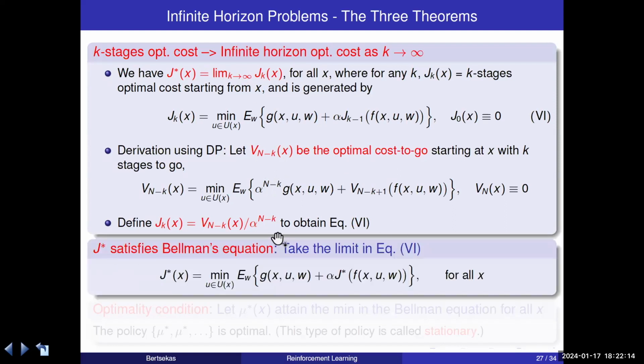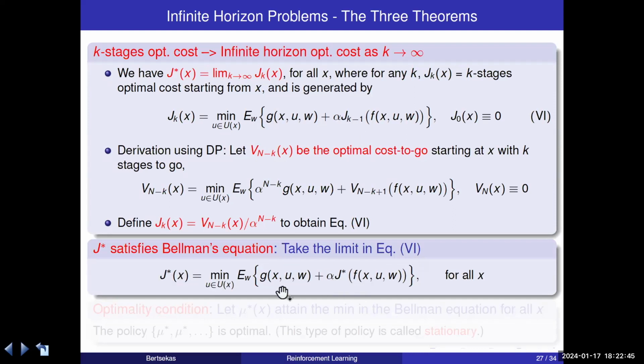Second theorem is Bellman's equation. Bellman's equation holds that J star satisfies this equation. Given this formula here, and assuming that J star is the limit of the J_k, take the limit of both sides here. On the left side, you're going to get J star. On the right side, assuming that you can get the limit inside, you get the limit of J_{k-1}, which is also J star.